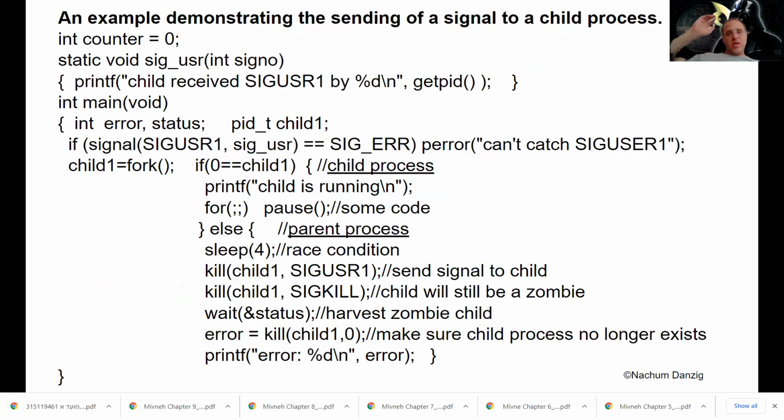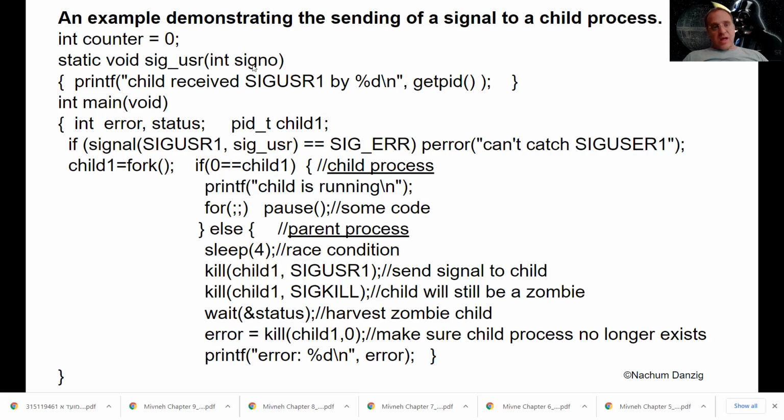Okay, an example demonstrating the sending of a signal to a child process. So, child received SIGUSR1 by %d. %d is decimal. getpid is give me the PID of myself.